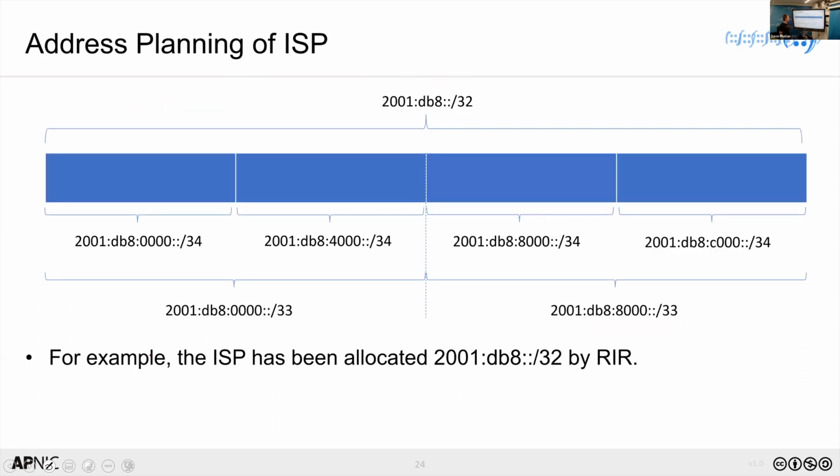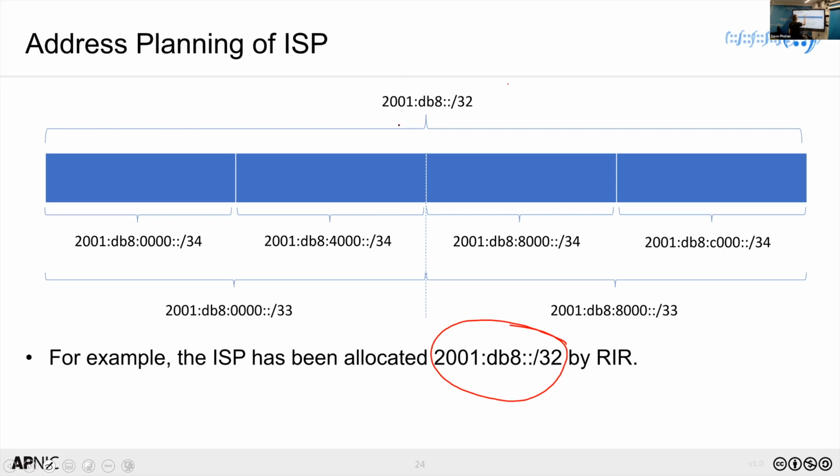So we're playing with this theoretical /32. Now keep in mind, just because I'm talking about ISPs, this can also apply to larger REN networks. We do know of a couple that have more than a /48. So it also applies to them.